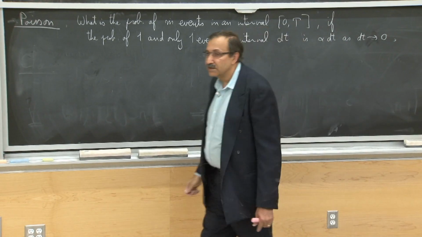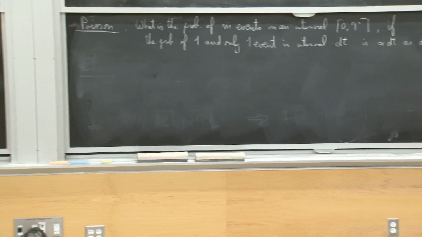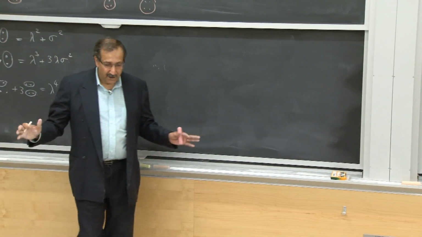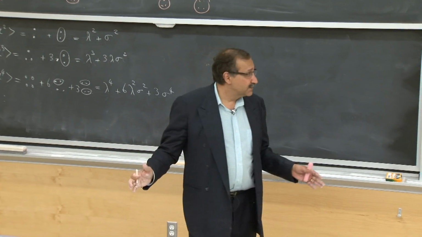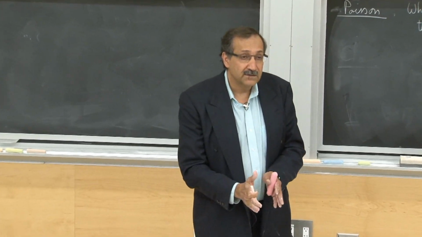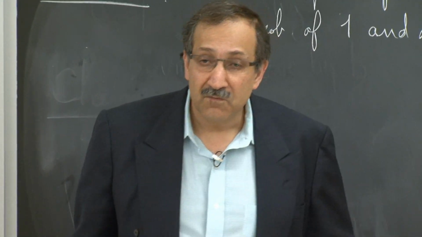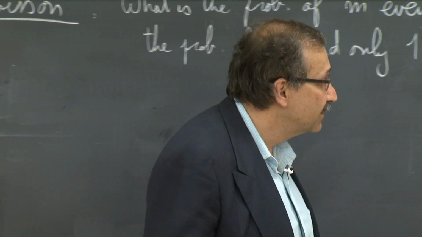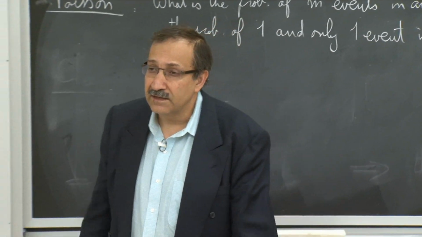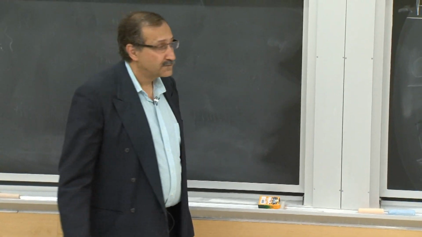Okay, so basically, if you look at this over 1 minute, the chances are that you will see so many events, so many radioactivities. If you shorten the interval, the chances that you would see events would become less and less. If you make your interval infinitesimal, most of the time nothing would happen. With very small probability that vanishes as the size of the interval goes to 0, you will see one event.